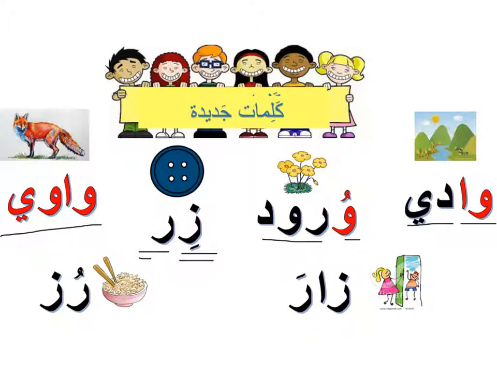Zur. Zar. Zar is a verb to visit in the past tense. It means he visited. Ruz. Ruz means rice. Well done. Now you can read six words by yourself. Well done. Now next video is going to be the letter A.